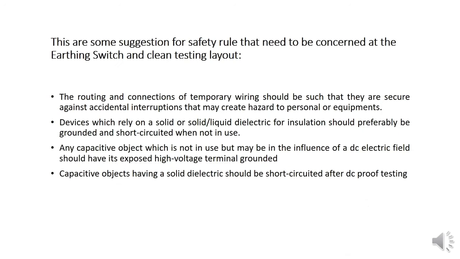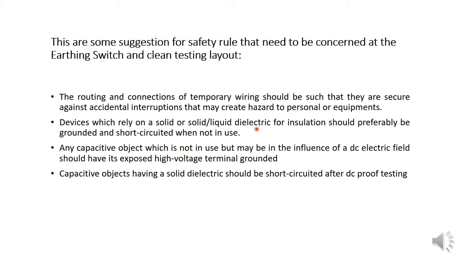Next, these are some suggestions for safety rules that need to be considered at the testing and layout. First, the routing and connection of temporary wiring should be secure against accidental interruption that may create hazard to personnel or equipment.